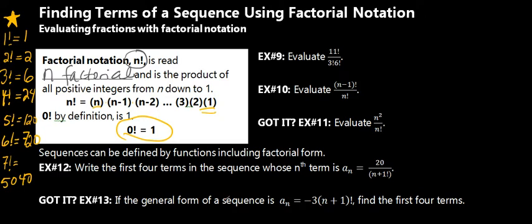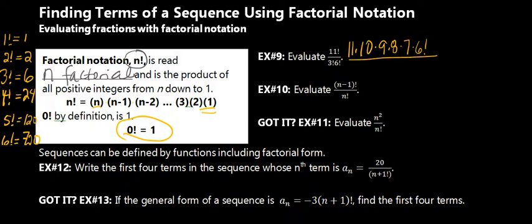So let's get some practice with evaluating factorials. I have 11 factorial over 3 factorial times 6 factorial. By definition, I can actually pull out some numbers from 11 factorial. If 11 factorial really means 11 times 10 times 9 times 8, I can go ahead and keep on extracting that until I get down to 6 factorial.